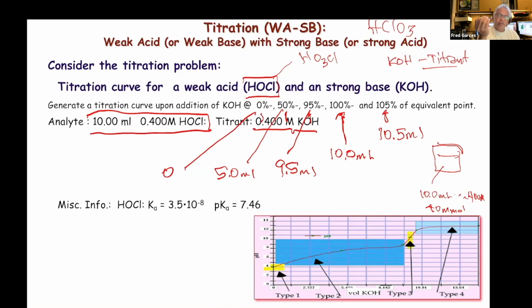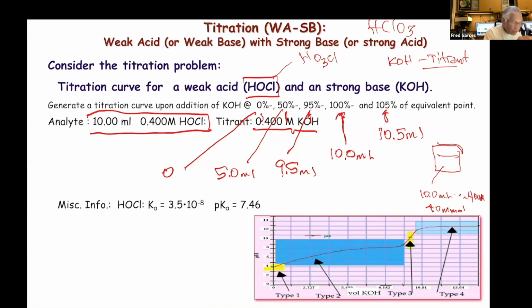So you just figure out what the equivalent volume is for your titrant, because that's 100%. And then if the question is, what is the pH at 75%? Take 75% and multiply by the volume at 100%. That'll give you the volume at 75%, okay?